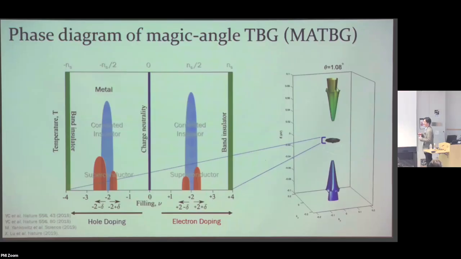There are actually two flat bands, and each of them has a degeneracy of 4 from the spin and valley. And now if you fill up to +2 or up to -2, 2 electrons or 2 holes, you get this correlated insulator that disappears at some temperature, usually around 5 to 10 Kelvin. Now if you slightly dope away from it, you get these superconducting domes, actually on all 4 sides, okay, with varying strength and TC and so on.